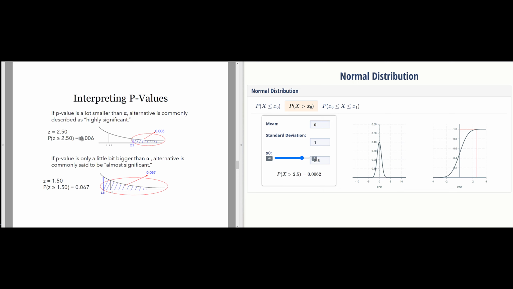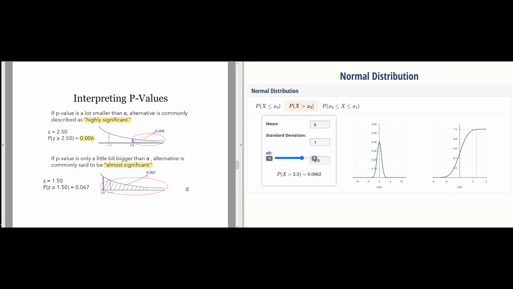If we get a very small p-value, we could describe the alternative as highly significant. On the other hand, if we get a p-value that's just a little bit bigger than alpha, we could translate that into words and say, well, it's almost significant.